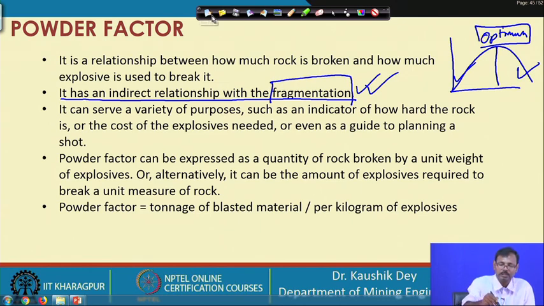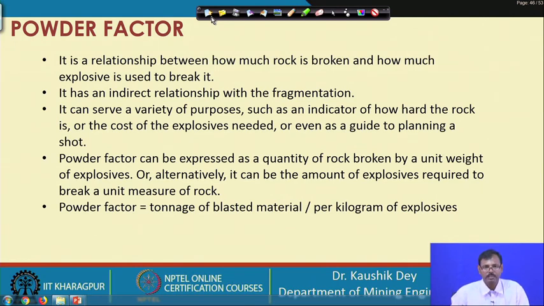So, fragmentation is very important, and it has an indirect relationship with the powder factor. Powder factor must be calculated only where the fragmentation achieved is to our satisfaction.